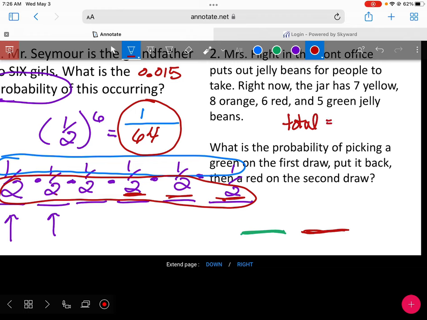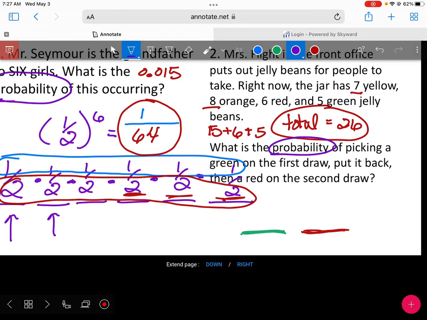Okay, so let's add them up. We got 7 and 8 is how much? 15, plus 6, 21, plus 5, 26. So I have a total of 26 jelly beans. So we're looking for probability. That's number of successes out of the total.